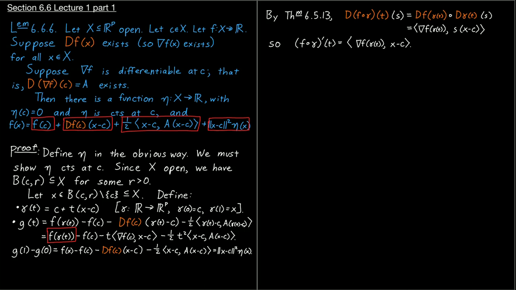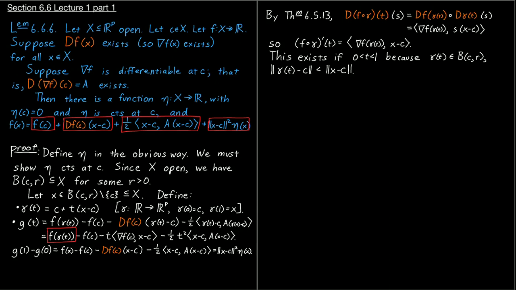Notice this exists if t is between 0 and 1, because gamma of t is going to be in the ball centered at c of radius r, and the norm of gamma of t minus c is in fact strictly less than the norm of x minus c.